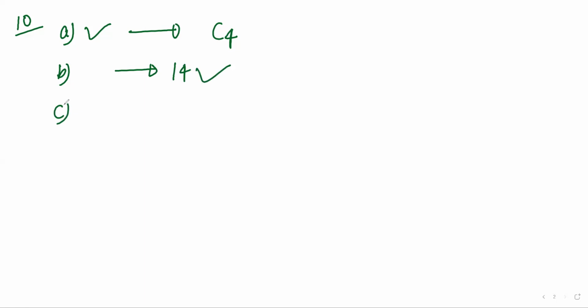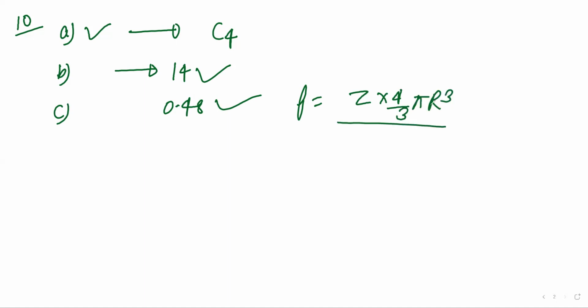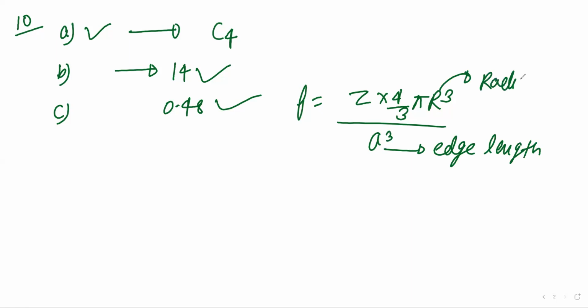Now see, the fraction of total volume occupied by the atoms in a primitive cell is 0.48. So let's talk about it. Option C. The packing fraction of a cubic unit cell is given by the formula F equals Z into 4 by 3 pi r cube divided by a cube. What is a? a is the edge length of the cube and r is the radius of the sphere atom.